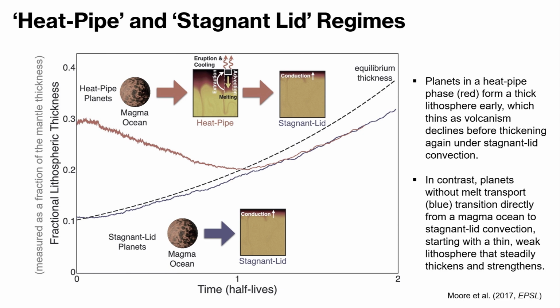And as those eruptions then start to decay through time, presumably due to the cooling of the planet, we have thinning of the crust again before it thickens, related to conductive cooling, related to the stagnant lid regime, as it's called. So this is related to steady thickening and strengthening of the Earth's early primordial crust.